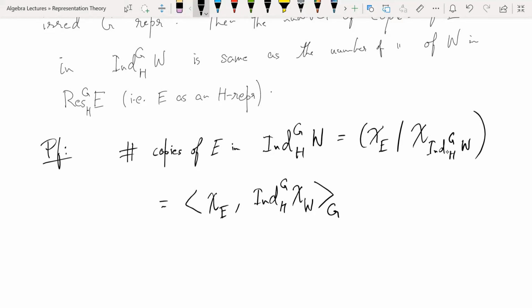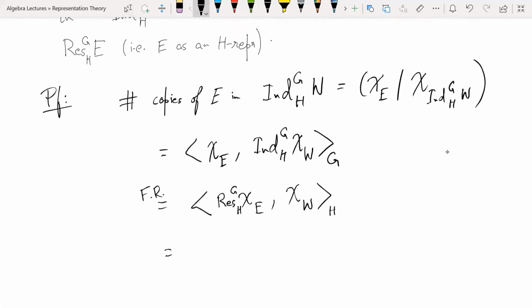And this, by Frobenius reciprocity, is the same as restricting chi E to H and pairing with chi W restricted to H. This is symmetric, so it doesn't matter how you do the pairing.